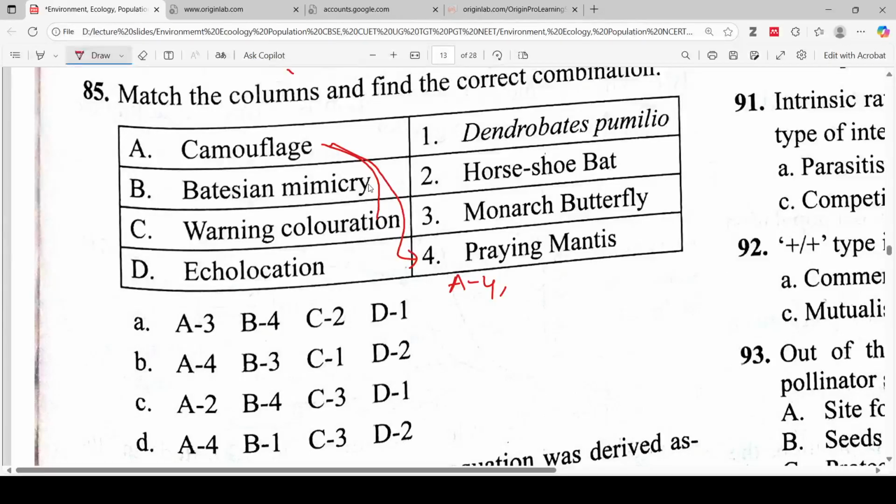So match with Batesian mimicry B3, monarch butterfly B3, and warning coloration match with Dendrobatis pumilio. So C1, and echolocation match with 2, bat. So D equal to 2. So the correct answer will be option B.